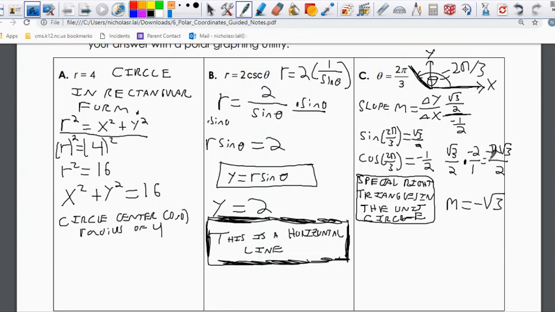So we've got to be able to divide fractions here. We've got to know our unit circle values. All right? Because we pass through the origin, y is going to be equal to the negative square root of 3 times x.